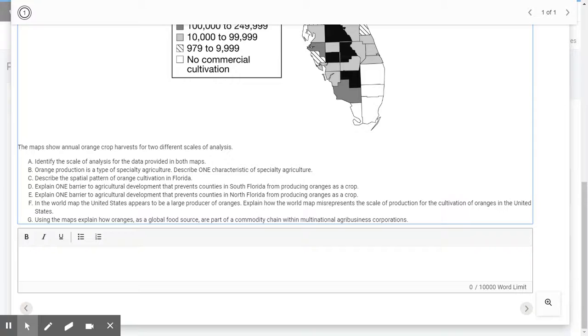So remember, agribusiness is this big agricultural business that not only produces the crop, they also could produce the seeds, the fertilizers, they process the crop, they retail it, they market it. Essentially, agribusiness is everything related to the production of an agricultural crop. And usually it's monoculture. It's one specific crop or just a couple.